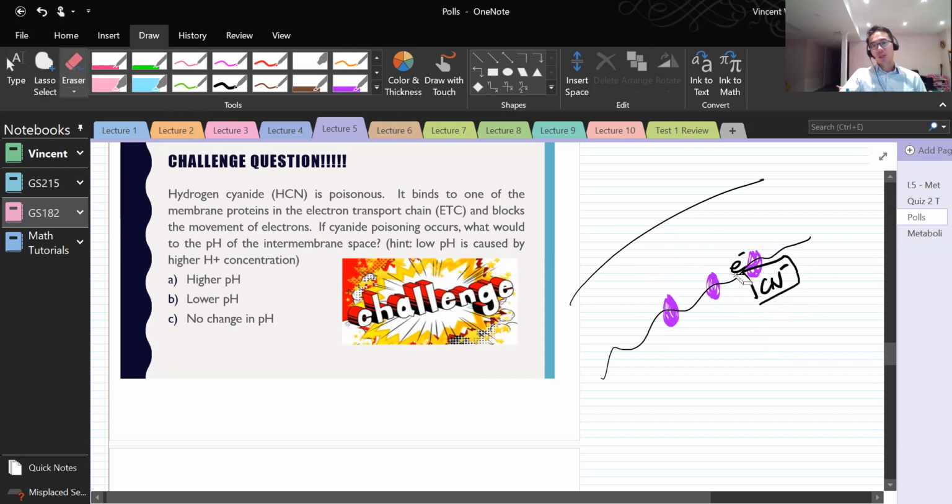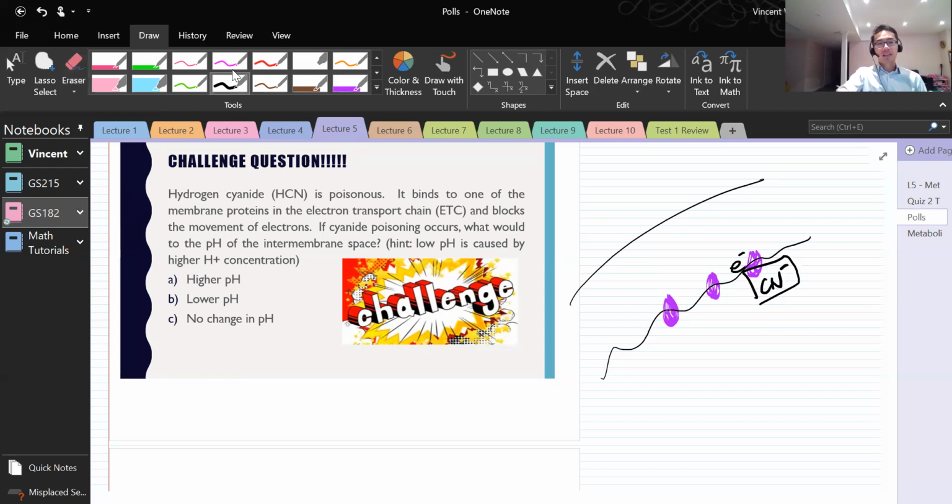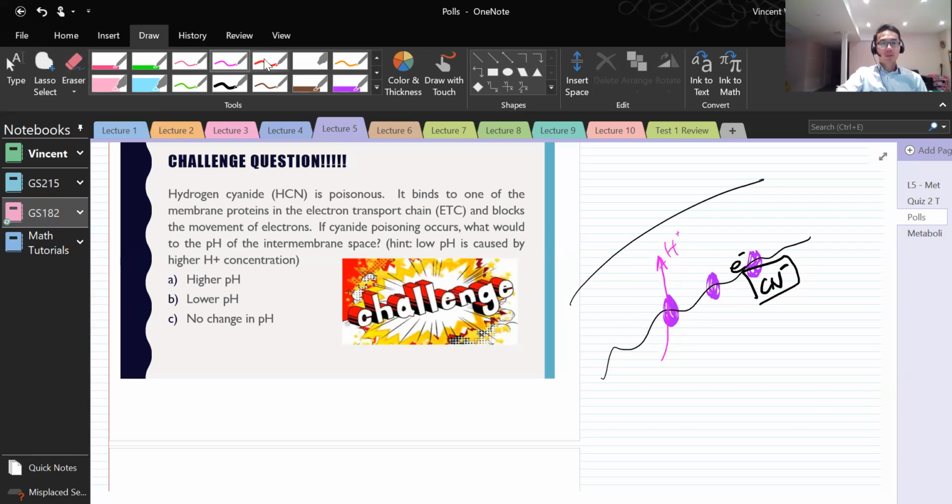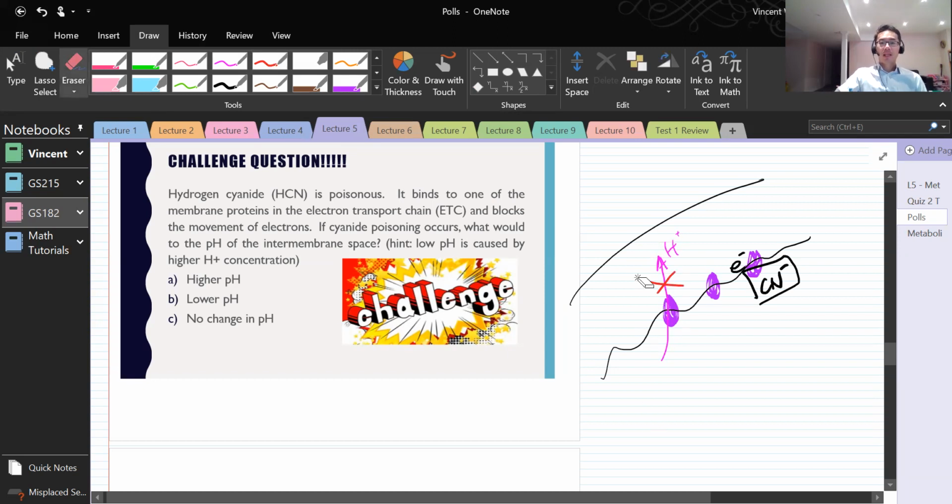So if electrons are not being passed down, then the H plus will not be pumped into the intermembrane space. Essentially, having cyanide there will interrupt the transport of H plus from the matrix into the intermembrane space. So if this goes on, what happens to the pH here?